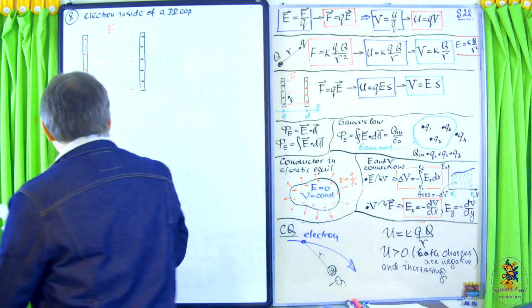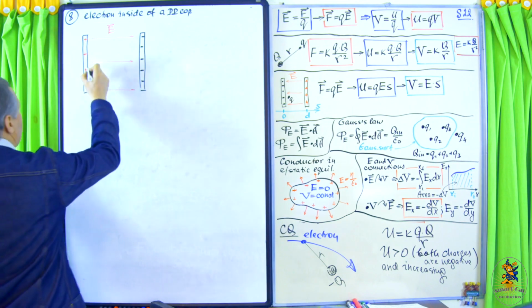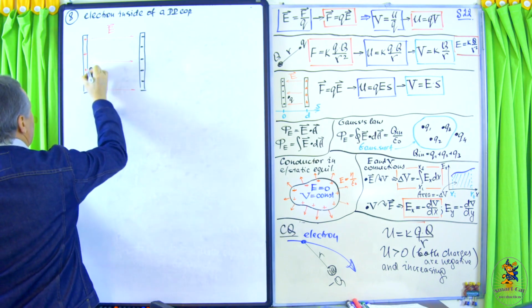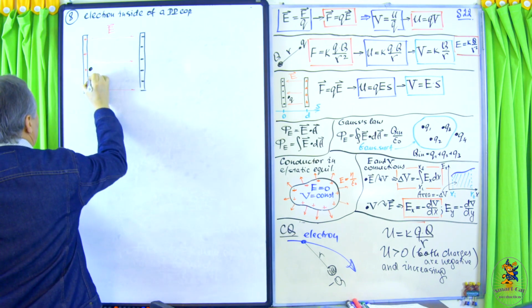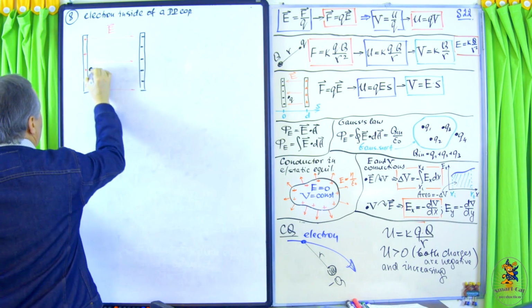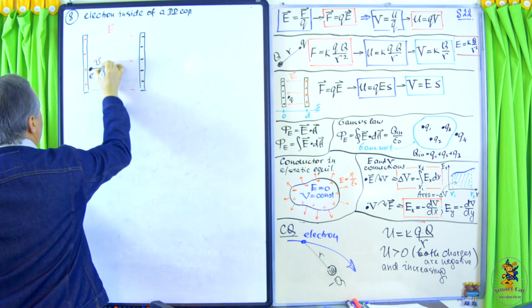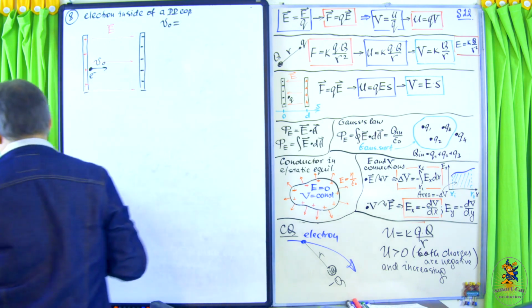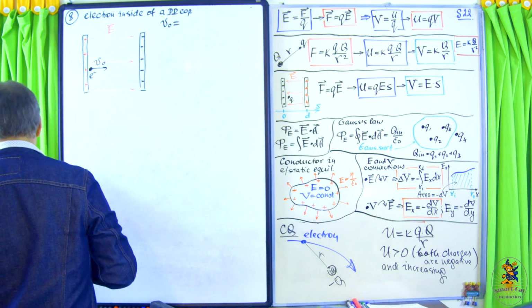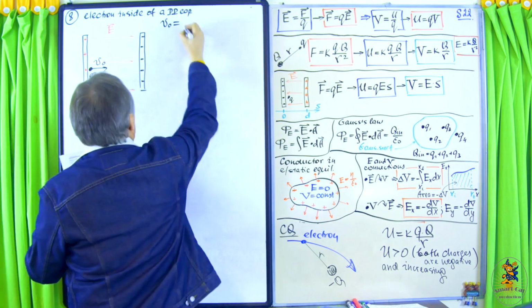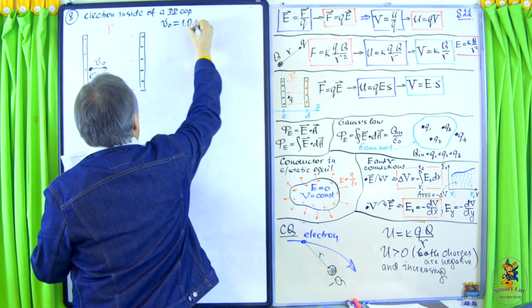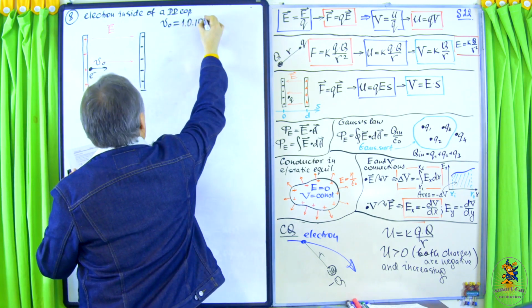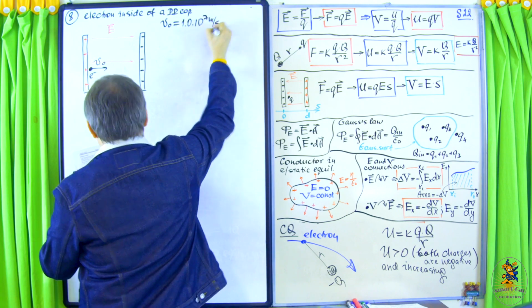Then an electron is shot from this positive electrode, and the initial velocity v0 equals 1 times 10 to the power of 7 meters per second. Okay, quite a speed.